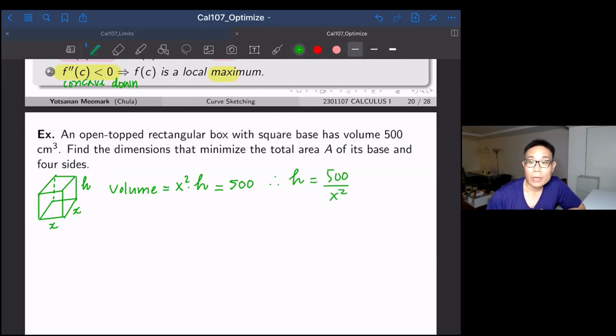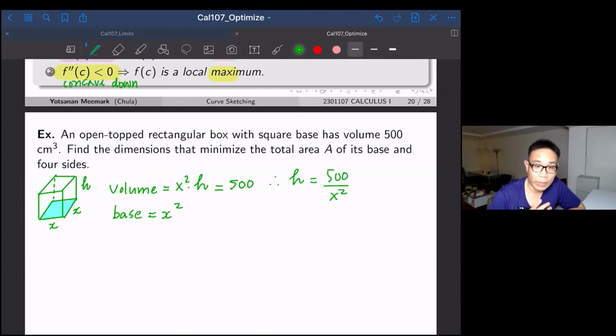We'd like to find the dimensions for the open top box. Open top means that you only have the bottom, so you only have to be concerned with the bottom here.